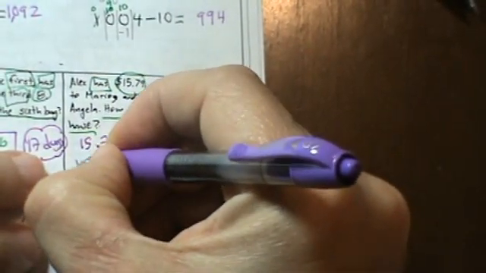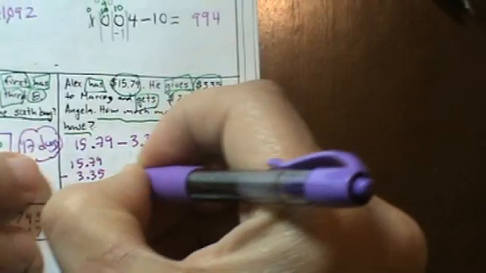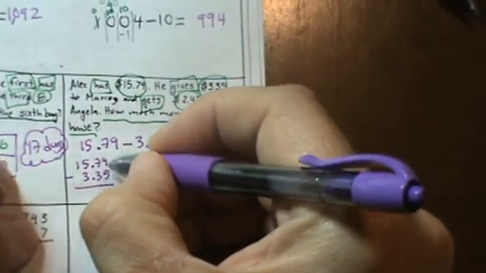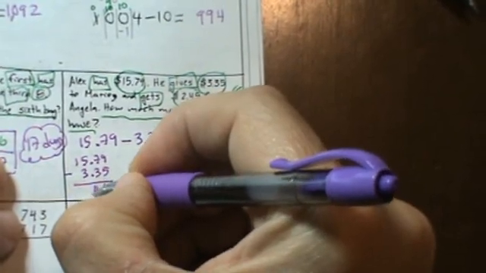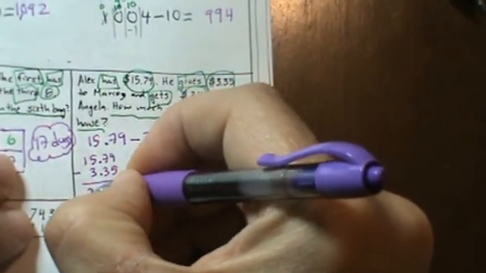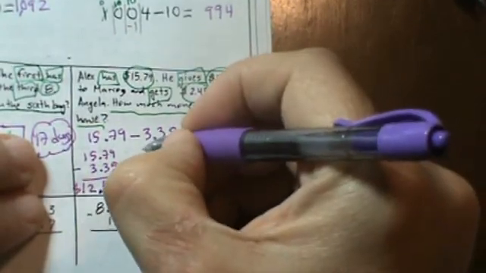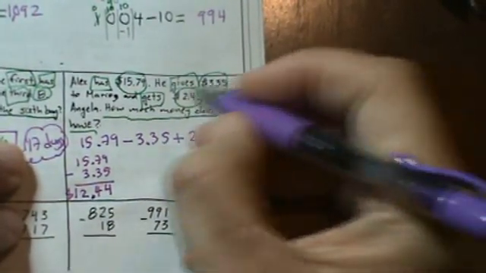Bueno, pues vamos a hacerlo. It's 15.79 minus 3.35. 9 minus 5 is 4. 7 minus 3 is 4. The decimal. 5 minus 3 is 2 and the 1. So now Alex has 12.44, but then he gets 2.45.